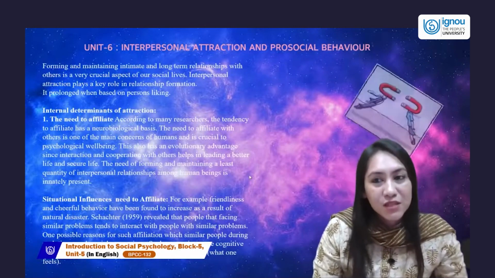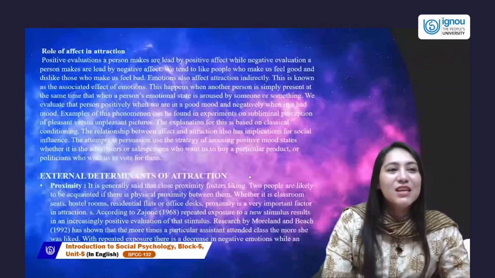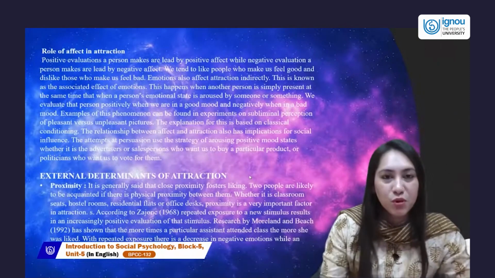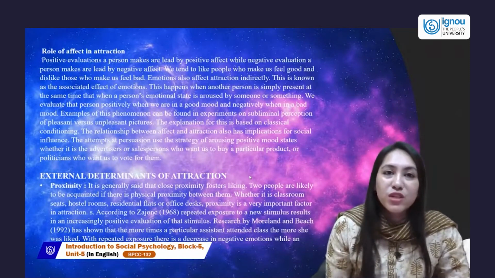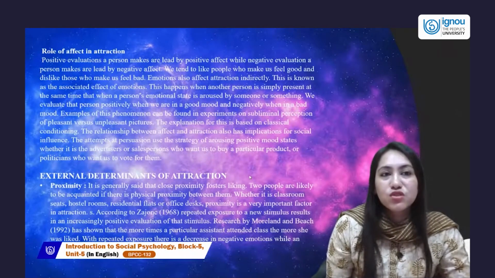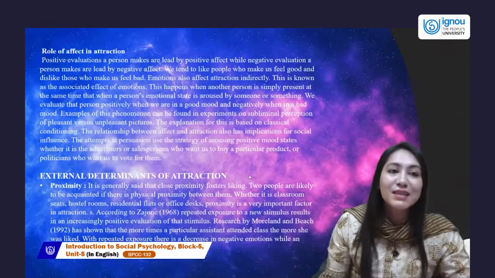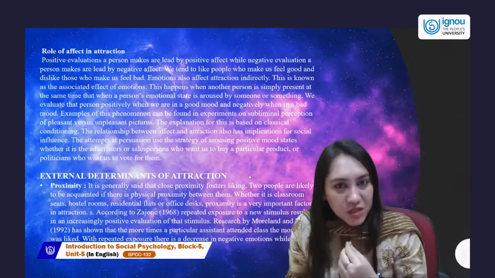Now, there are other determinants also that we have. We have the role of affect in attraction, which is very, very important, I feel. Our emotions: positive evaluation of a person leads to positive affect, while negative evaluation of a person leads to negative affect. So when you positively evaluate yourself, you feel really positive about yourself.